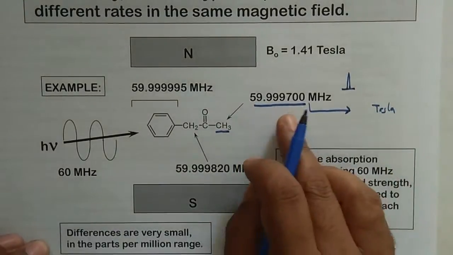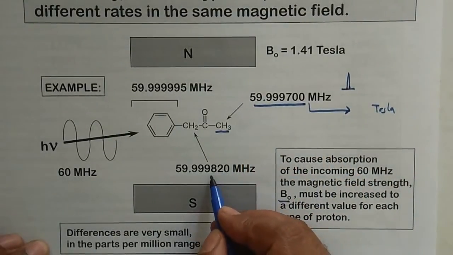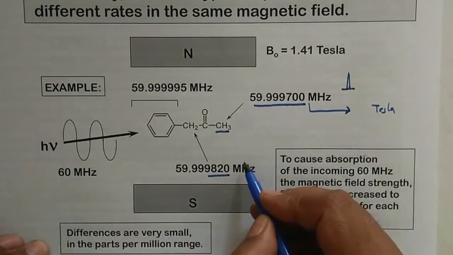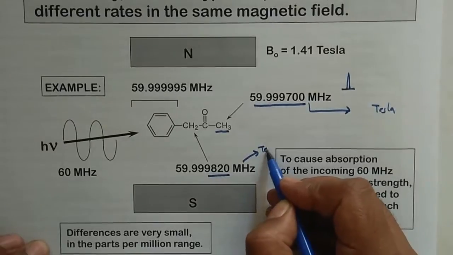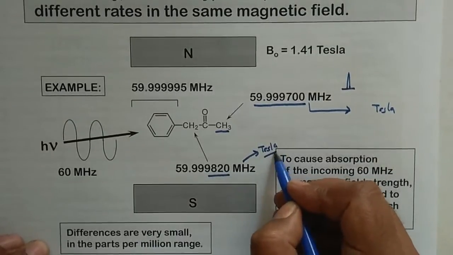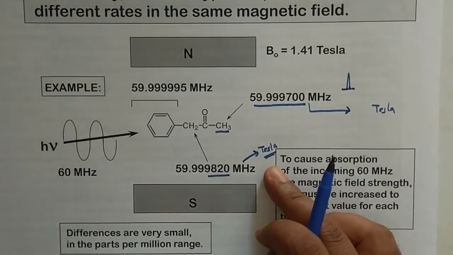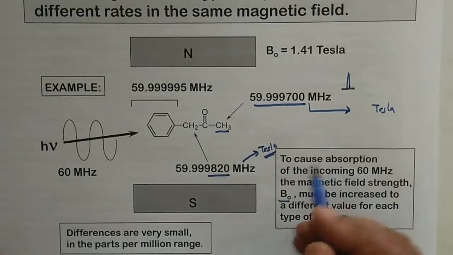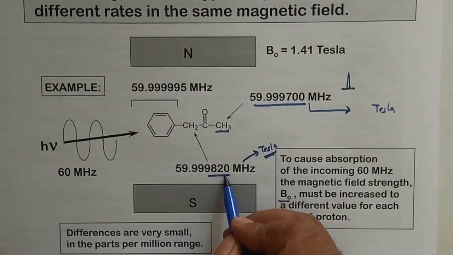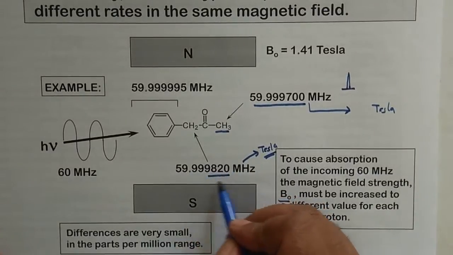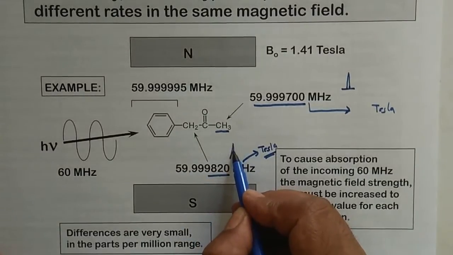Now you will increase the magnetic field. Now the second value is 59.999820. Again you can convert this into Tesla. This is for your explanation. However, the instrument will do all these things automatically, or it is the duty of the technician who performs the experiment. Again you come to that particular magnetic field and do the scanning, and you get the signal for this one.